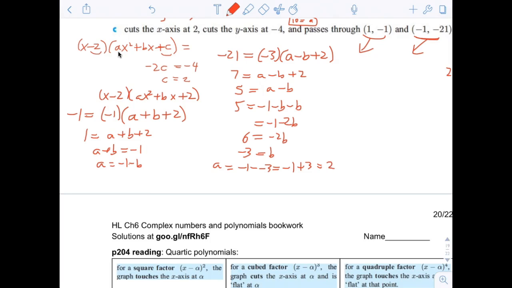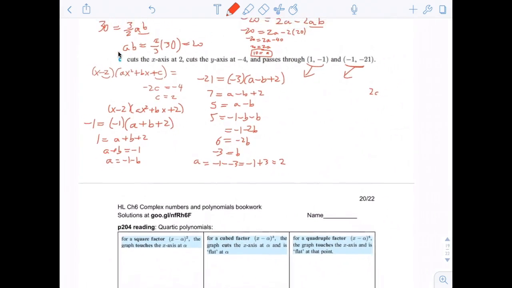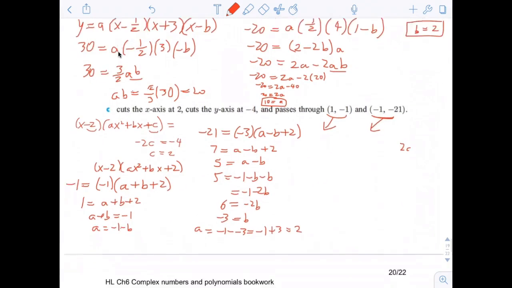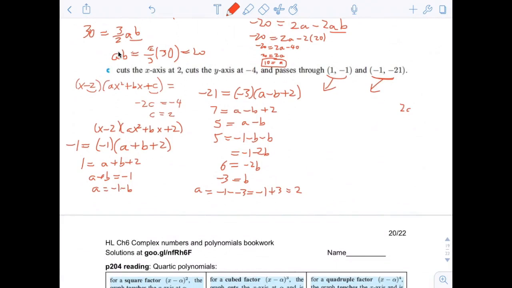So a is equal to 2. And what are we trying to find again? Find the equation of a real cubic polynomial. So it would be x minus 2 times 2x squared minus 3x plus 2.